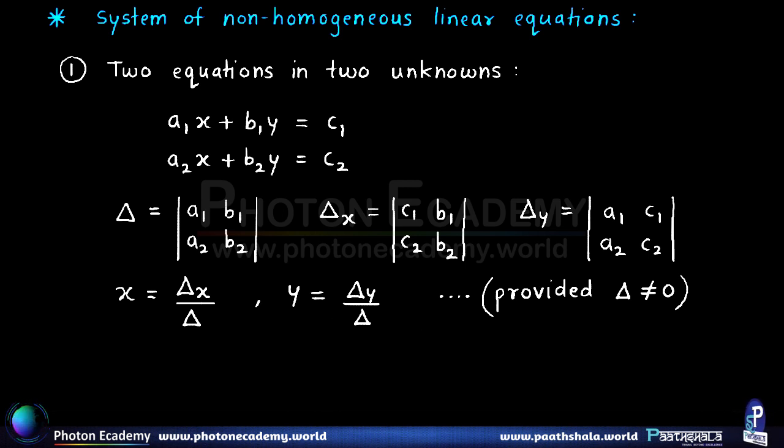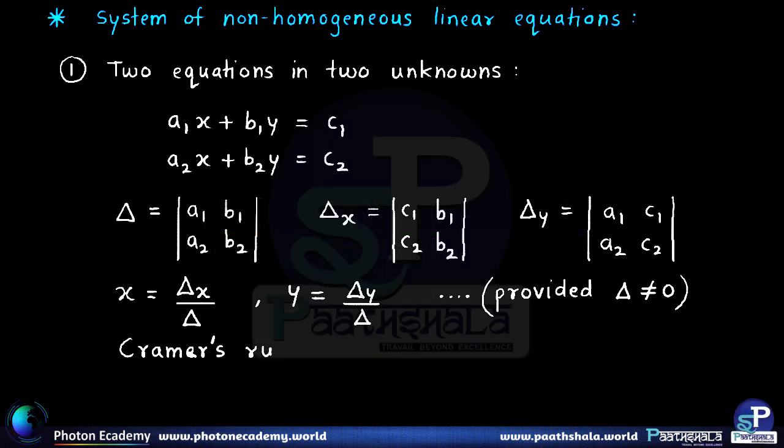This is also known as Cramer's rule. So we are familiar with this process to find the solution of this system of two equations in two unknowns. Now let us move ahead.